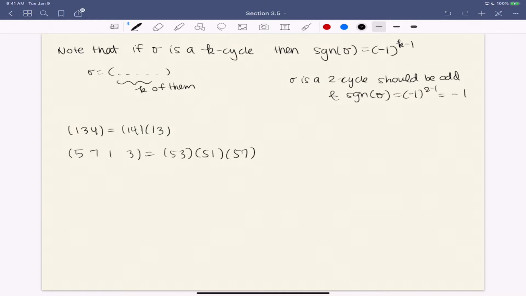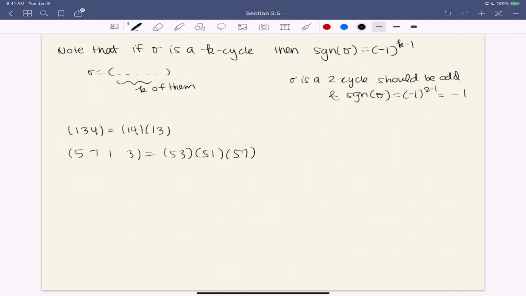So you can see how you can build any cycle that way: when you want to go from 1 to 3, 1 goes to 5 and then 5 goes to 3, because they follow each other in the composition order. This is a 4-cycle, and I can write it as a product of 3 transpositions. So it's an odd element of S_n.